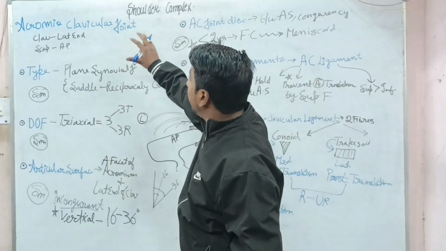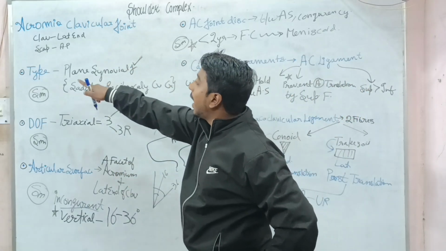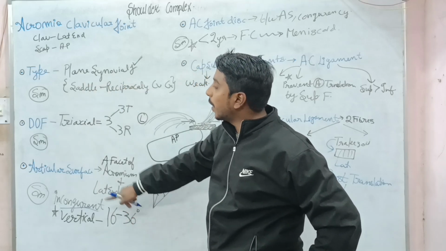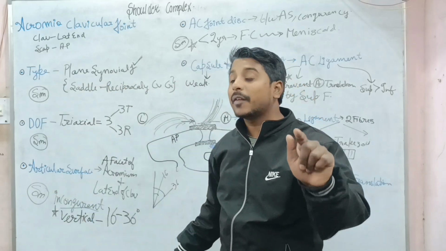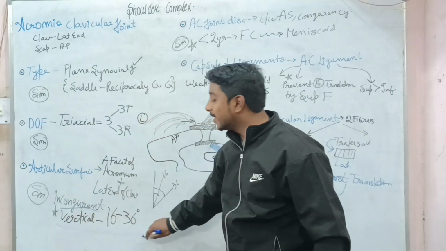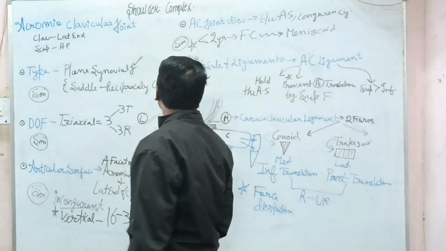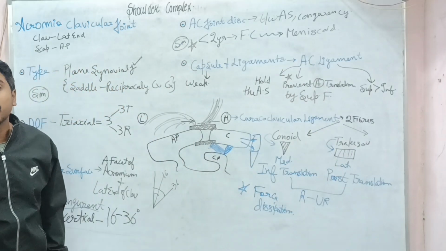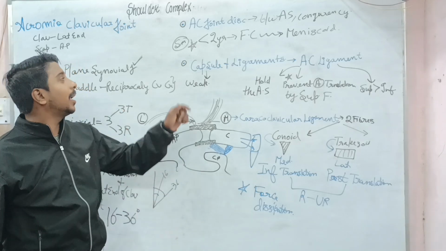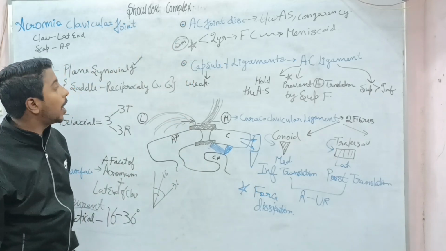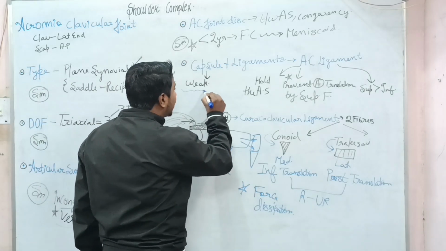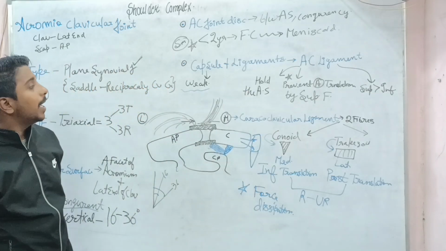So till now, what have we studied? We have studied what the acromioclavicular joint is, and the similarity of type of joint, degree of freedom, and articular surface. But remember, it is a vertically oriented joint. Next, the acromioclavicular disc, it is also similar, but it is weak, and after 2 years it becomes meniscoid. The capsule is present, but it is a weak capsule reinforced by ligaments.